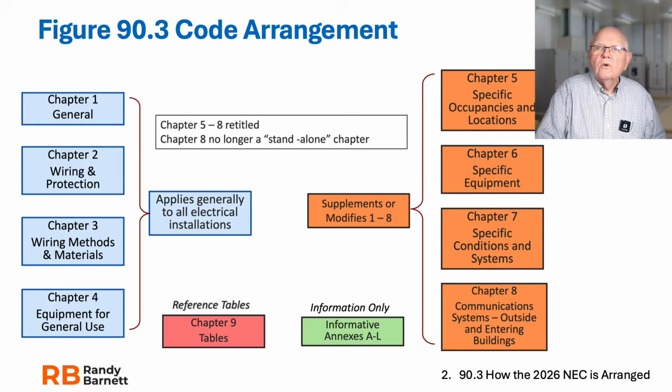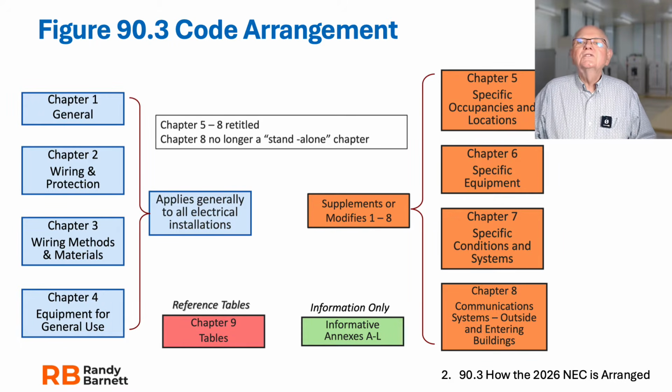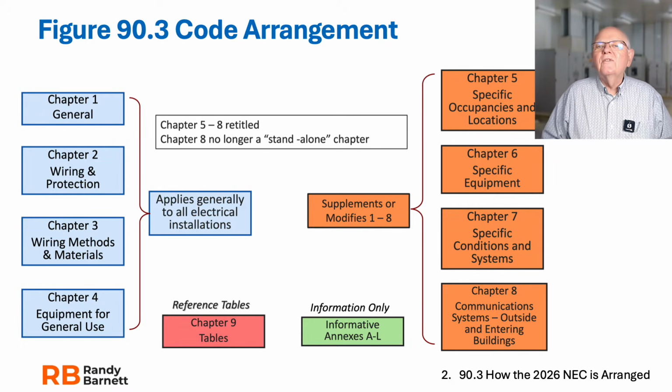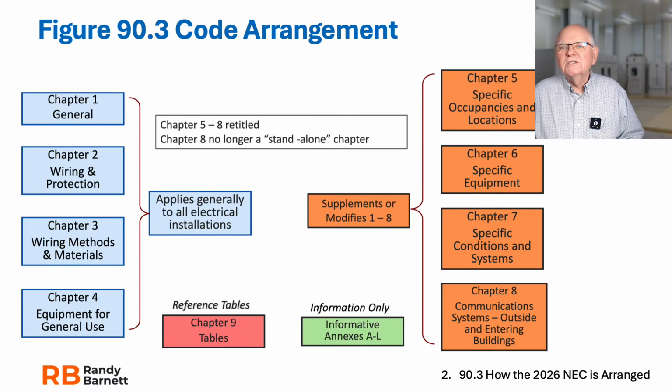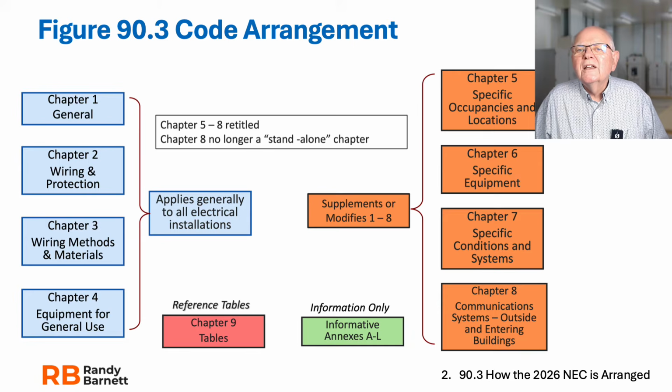All those rules in 1 through 4 apply, but sure, we may end up modifying them with this information in chapters 5, 6, and 7 like we've always done. Chapter 7, once again, that word specific appears: specific conditions and systems in chapter 7.